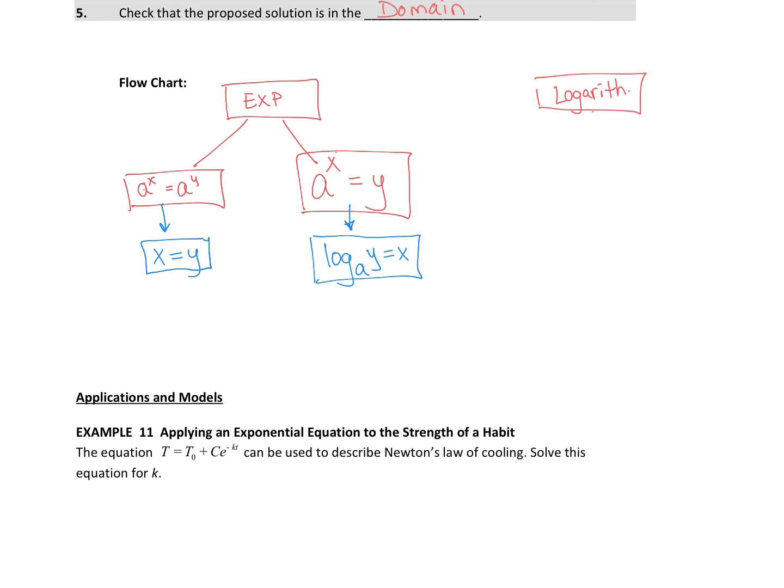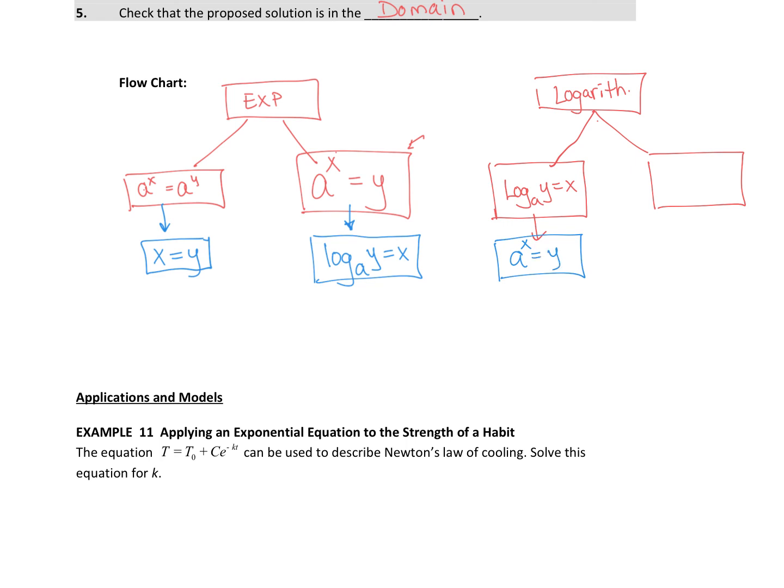When you have a logarithmic equation, it's one of 2 types. You can either write it as a log base a of y equals x, similar to this over here, we would then take this and convert it and make it a to the x equals y.